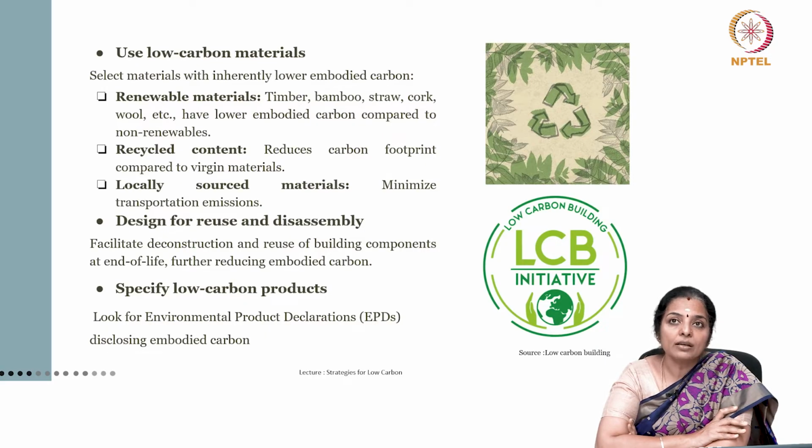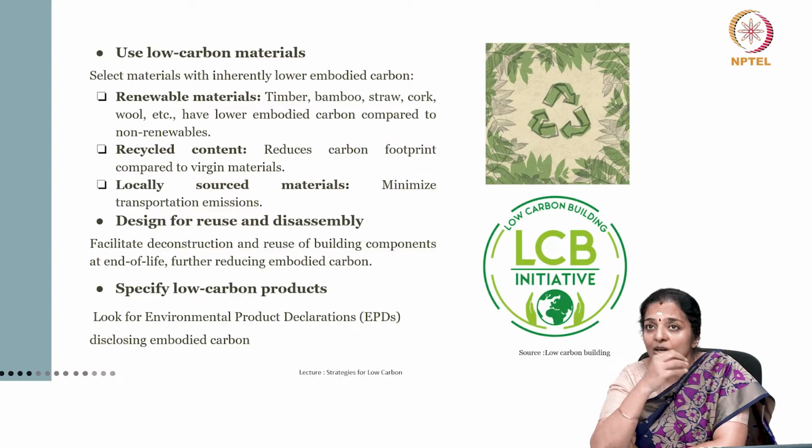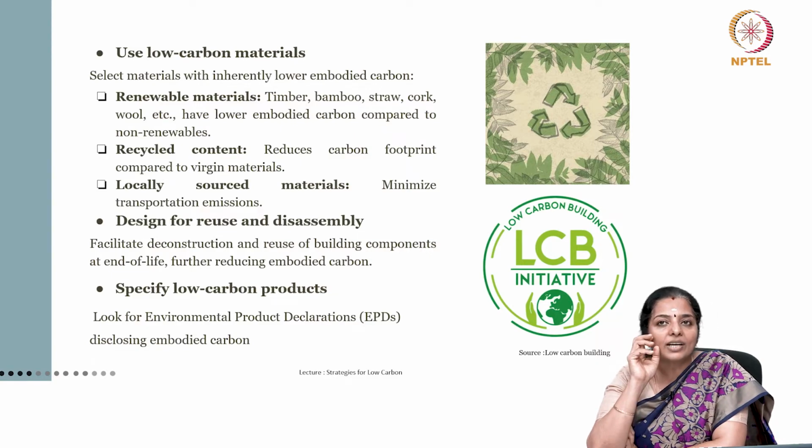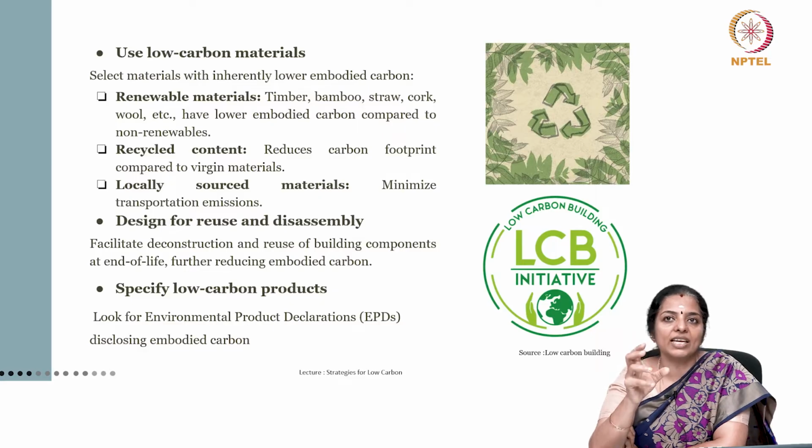Now, using low carbon materials, it includes that you select materials which inherently have low embodied carbon in it by virtue of its source from where you extract or manufacture. What are the thumb rules of doing this? First is you use renewable materials.